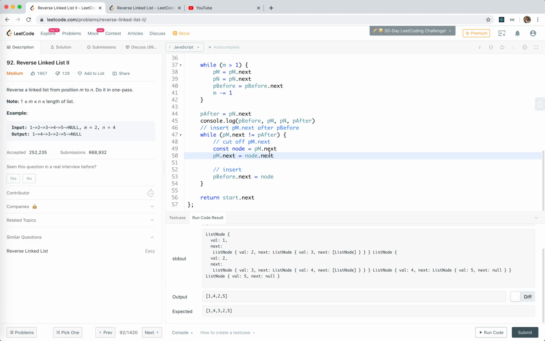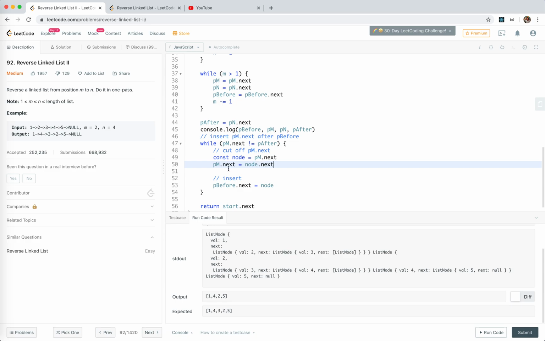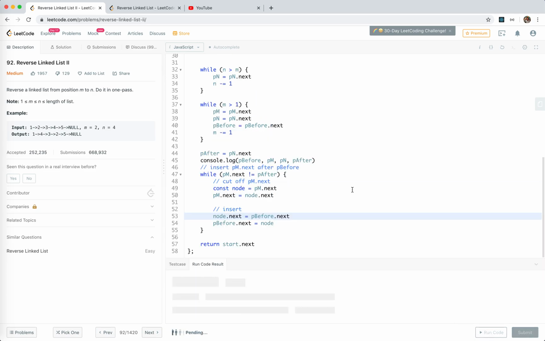Node equals PM's next. PM's next equals node. Okay, now node is off. Now insert. Should be P before next, and then P before next equals node. Oh, node, my bad.